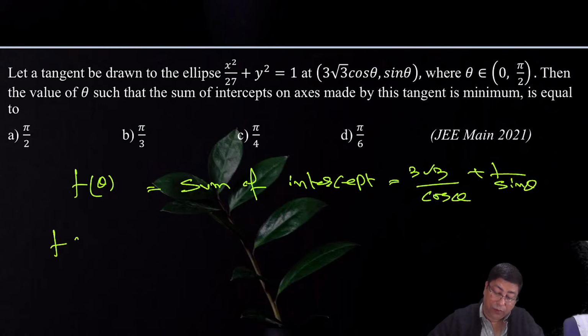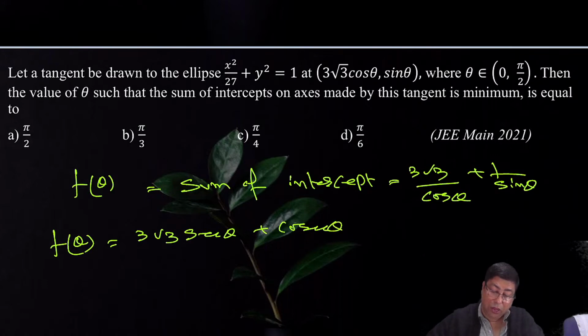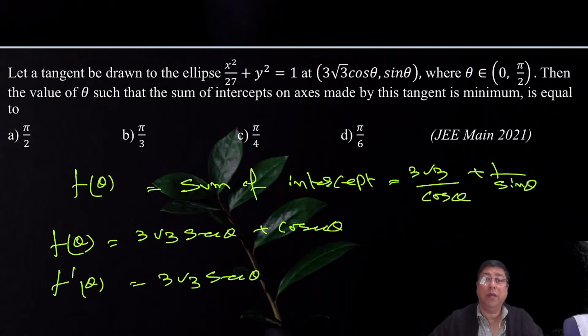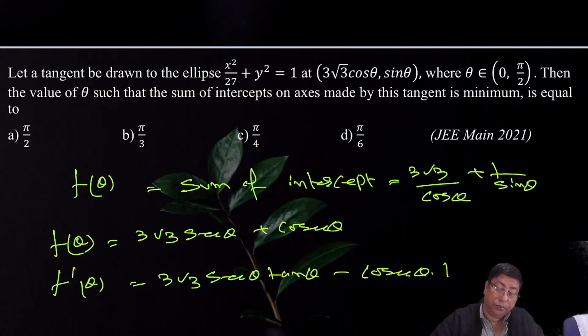Therefore, f theta should be 3 root 3 sec theta plus cosec theta. Therefore, f dash theta is coming to be 3 root 3 sec theta tan theta. The derivative of sec theta is sec theta tan theta, and of cosec theta is minus cosec theta cot theta. So we can write this as sec theta tan theta minus cosec theta cot theta.